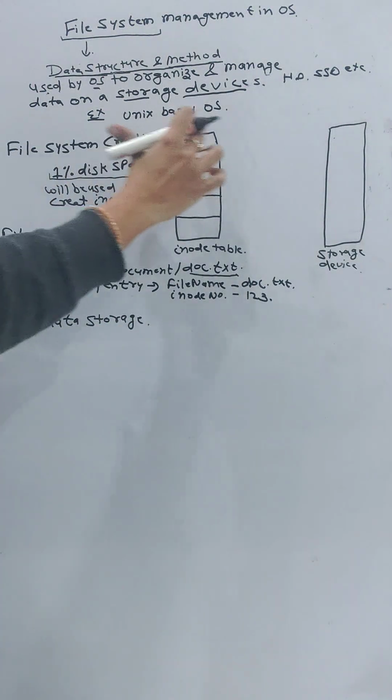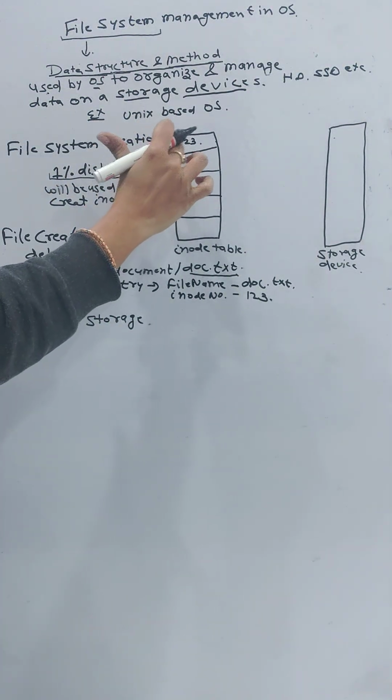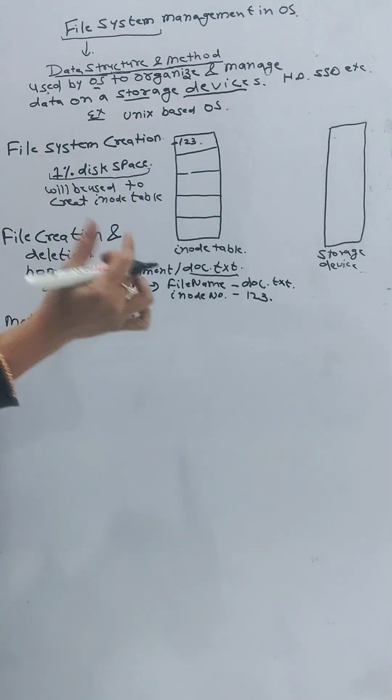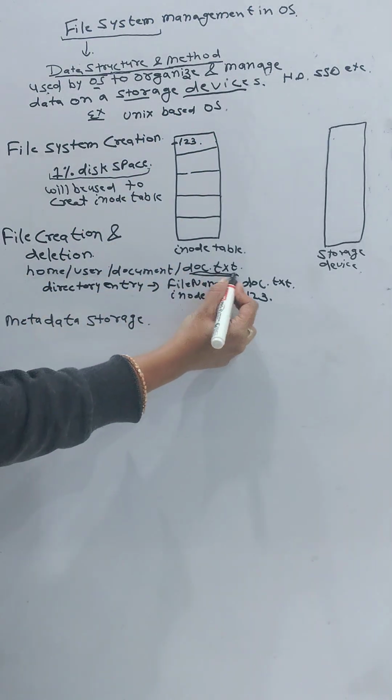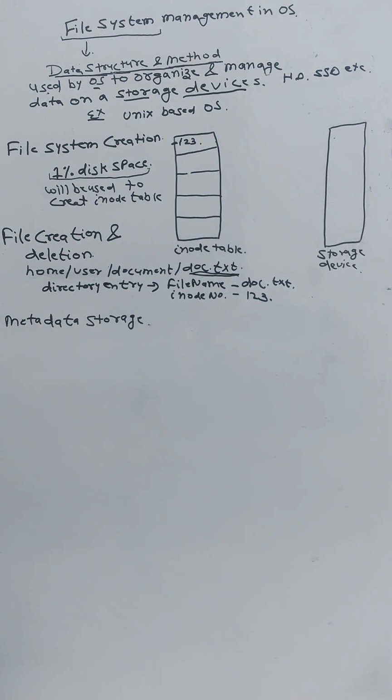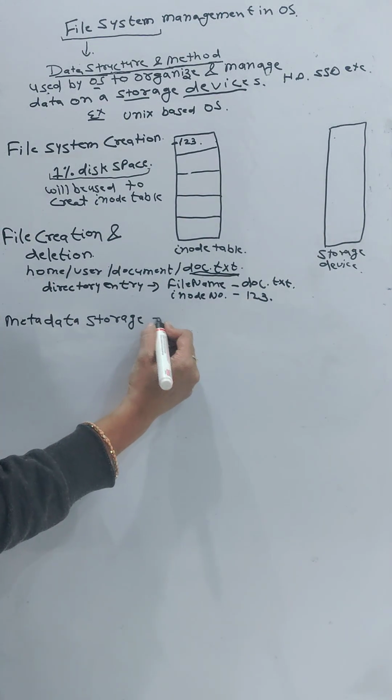So what will this inode contain? This inode will contain all the metadata information about this doc.txt. What is the metadata information?